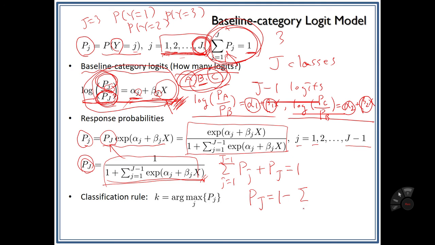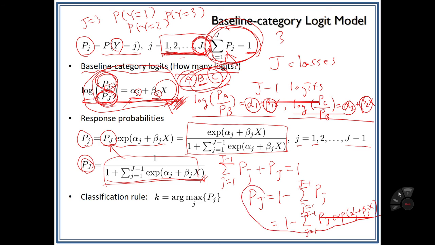Am I right? I'm not sure. Okay, I'm right. Summation from j equals 1 to capital J minus 1 of p sub capital J times exponential of alpha j plus beta j x, right?